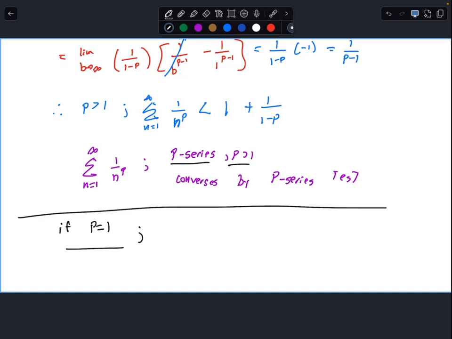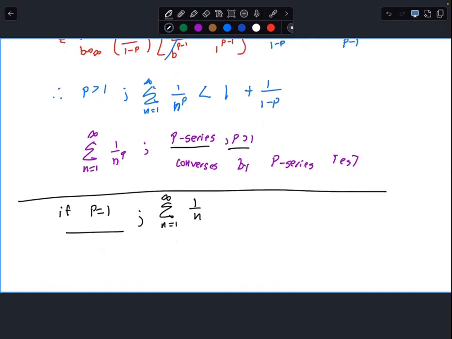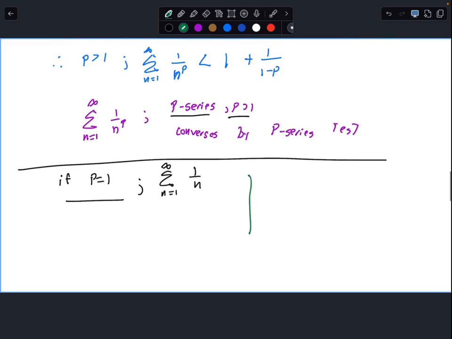All right, so what happens if p equals 1? Well, in the scenario where p equals 1, then we have this series from n equals 1 to infinity of 1 over n. Which visually was once again this function right over here, the function f of x equals 1 over x.